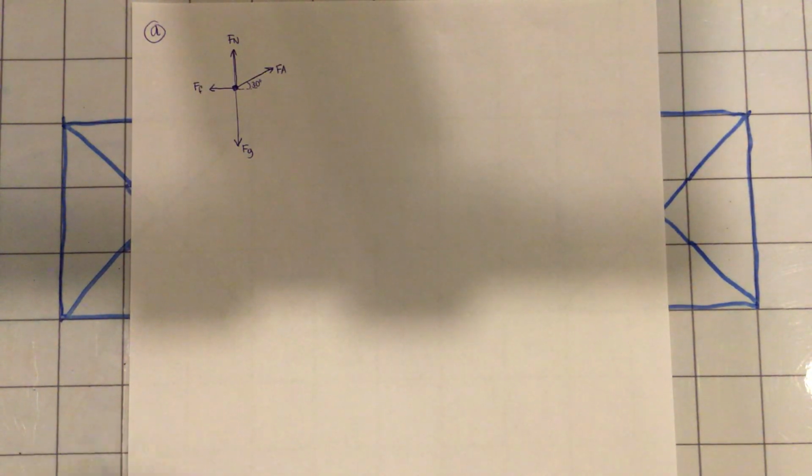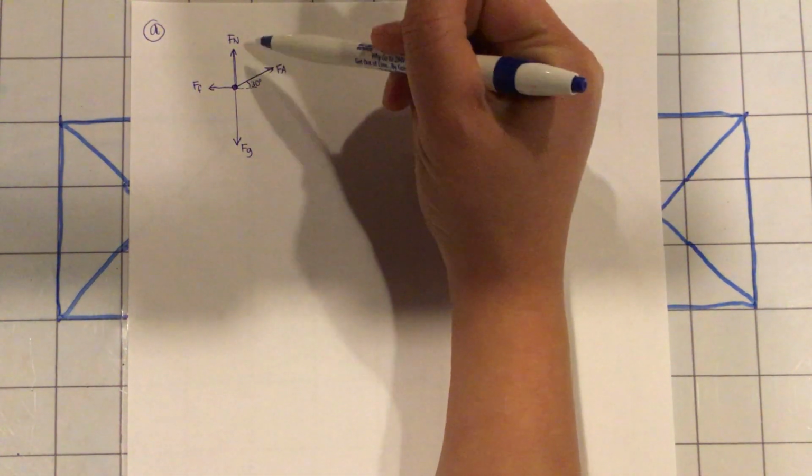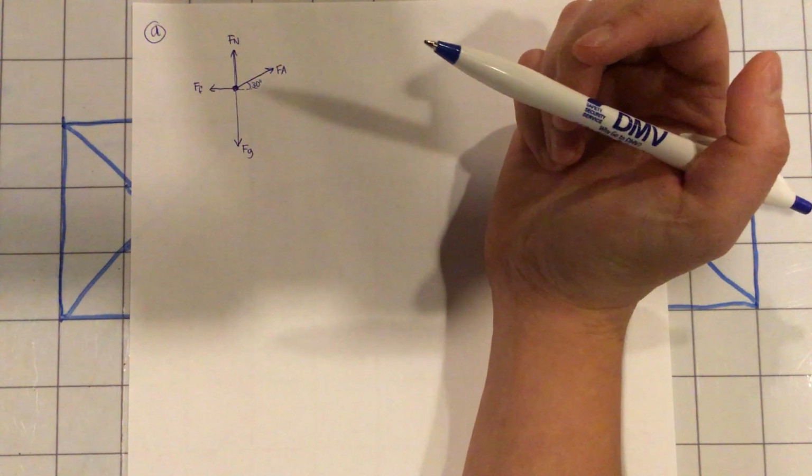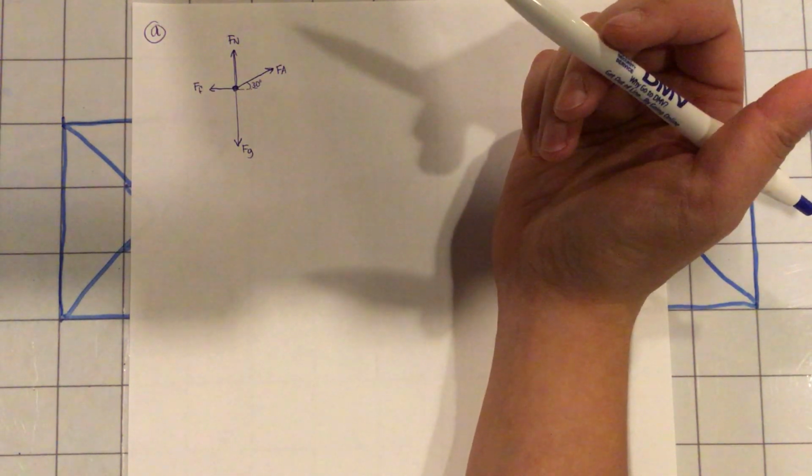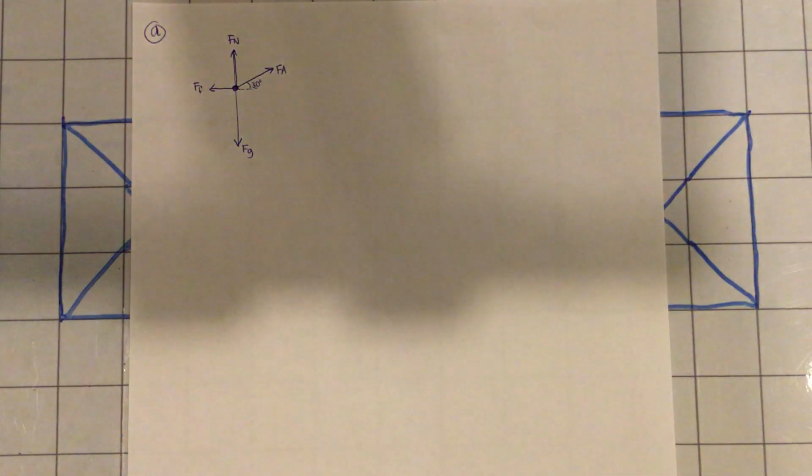One thing you might notice from this problem is my gravitational force arrow is drawn longer than my normal force arrow. That's actually about to come up right now, so let's do this together. We're about to calculate the magnitude of each force on the sled, and some are more obvious than others.